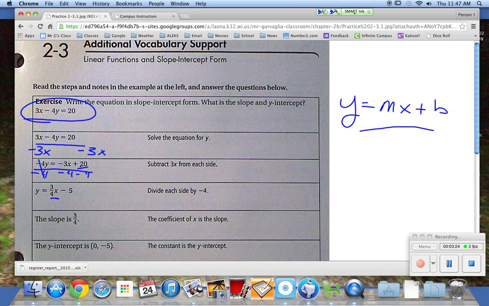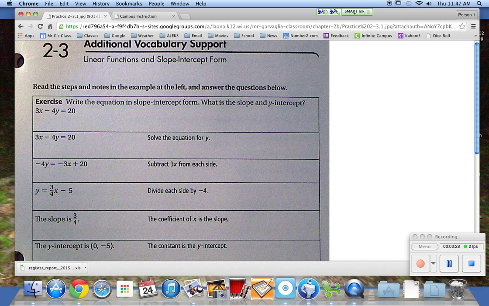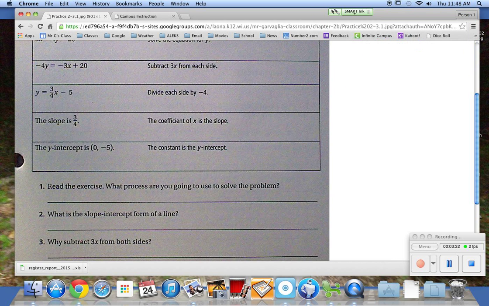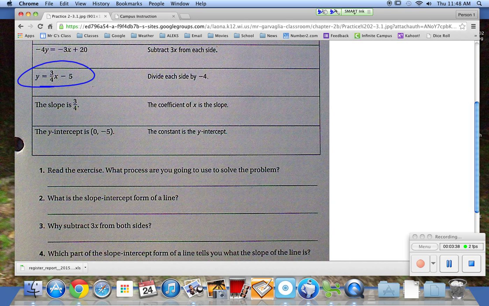Here's what we get when we do this. Slide this down. When we look at this equation right here, we know what our slope is, and we know where the y-intercept is.